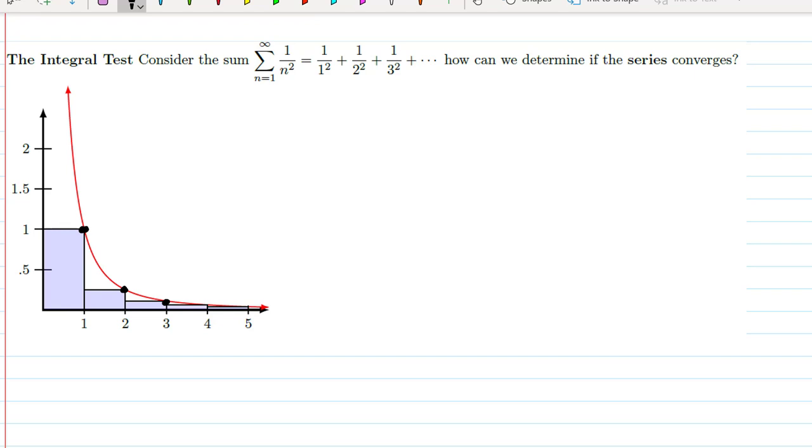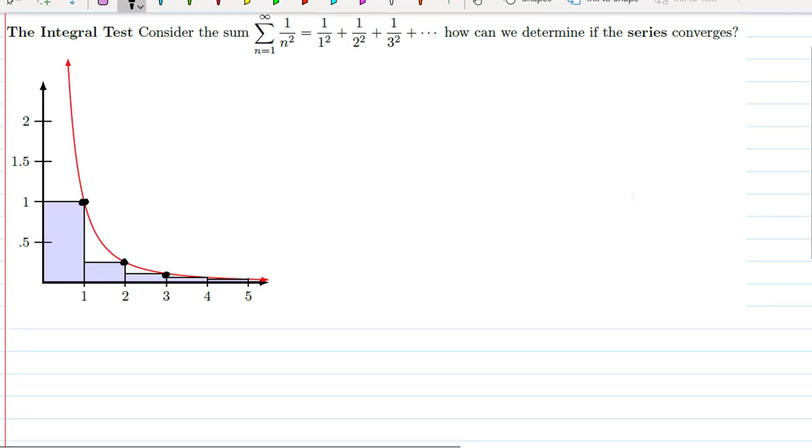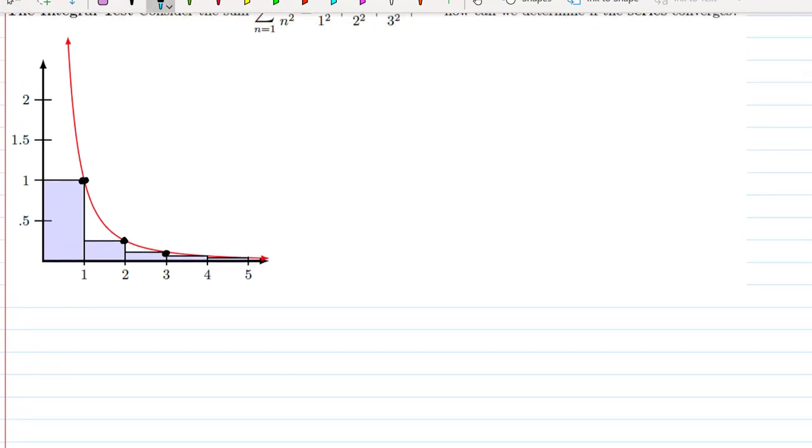The second rectangle, which is 1 over 2 squared, is going to have area 1/4, 1/9, and 1/16, and so forth. So this right here represents that sum. So this is 1 plus 1/4 plus 1/9 plus 1/16 plus on forever.